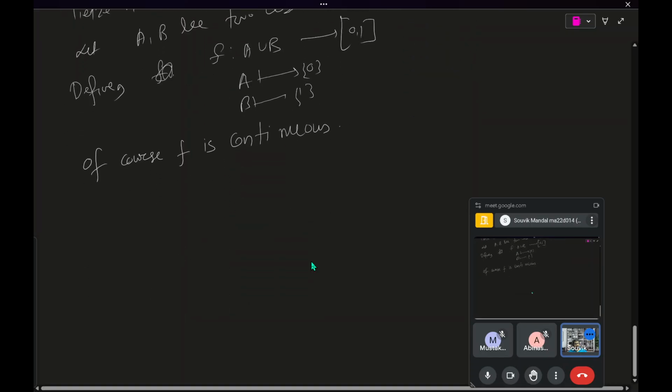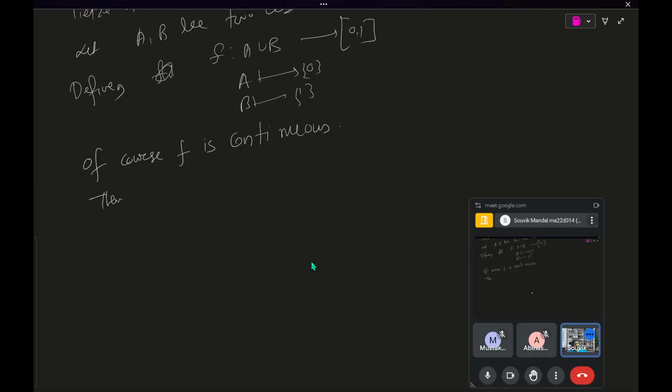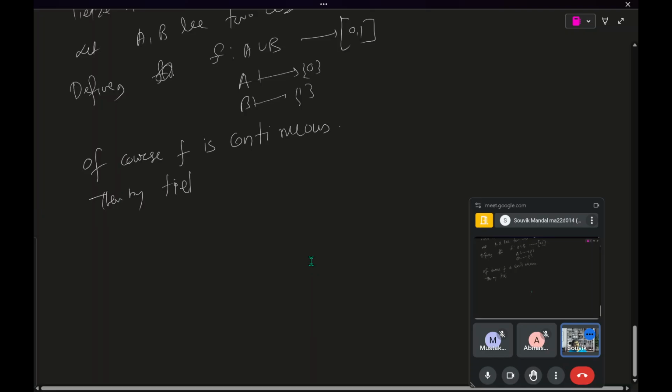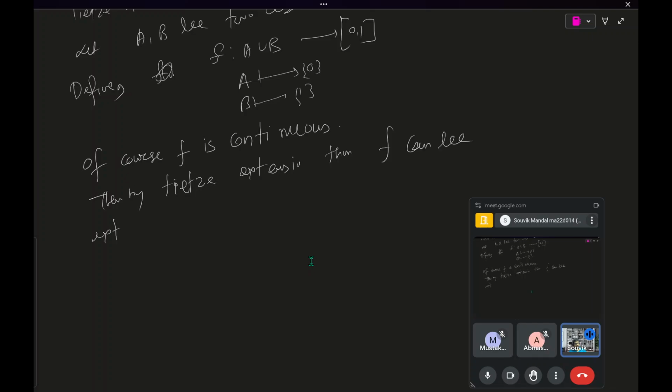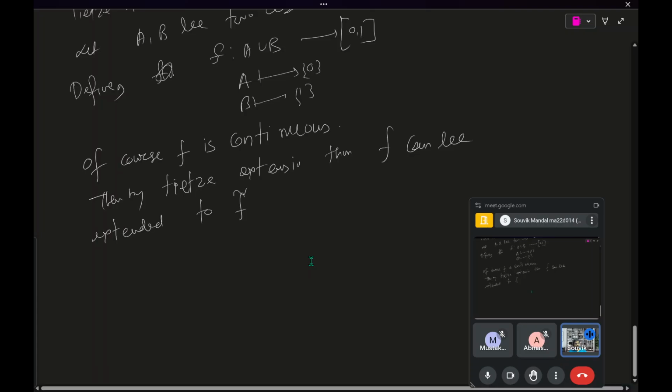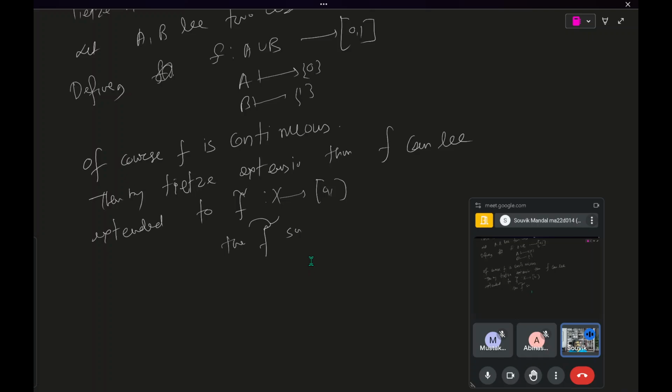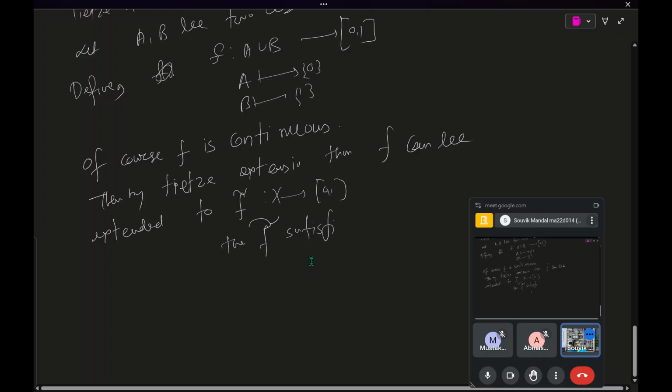Then, by the Tietze extension theorem, it can be extended to F-tilde from X to [0,1]. And then F-tilde satisfies the desired property.